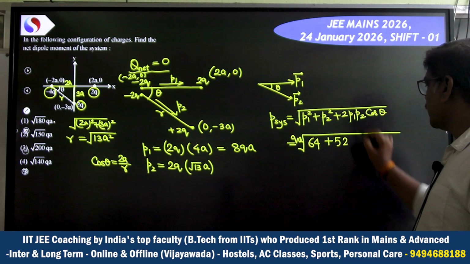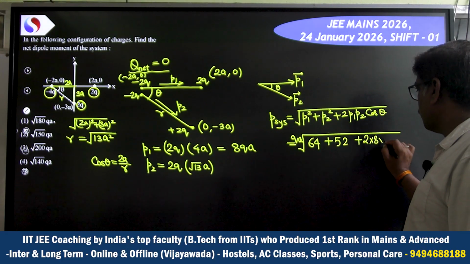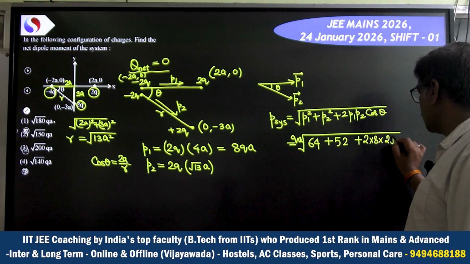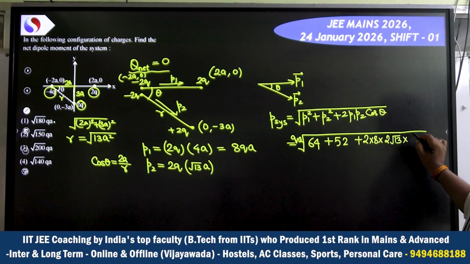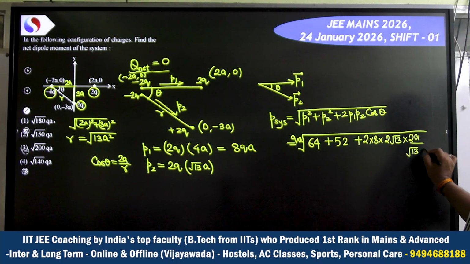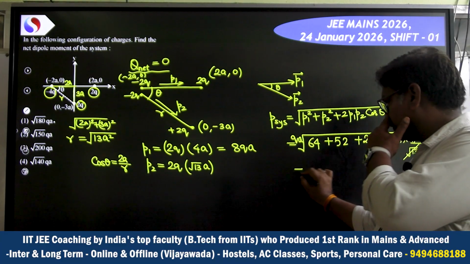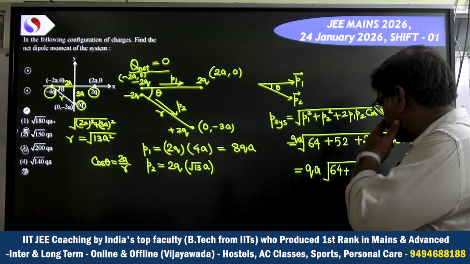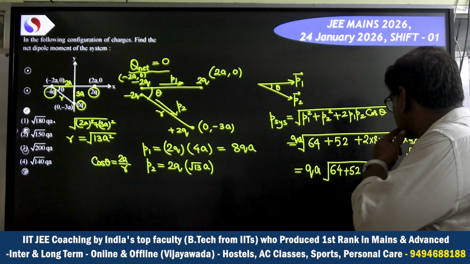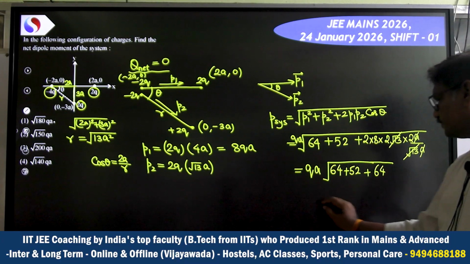Then this is 2 into P1, that is 8, P2 is 2 root 13, into cos theta. So what about cos theta? Cos theta is equal to 2a divided by r, which is root 13 a. So this a cancels, and this root 13 is also cancelled. This gives you qa under root of 64 plus 52 plus 64.